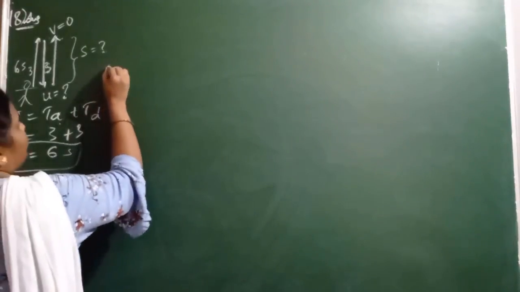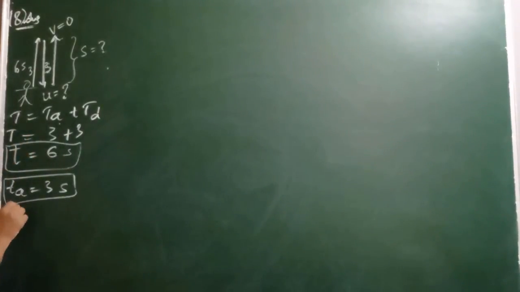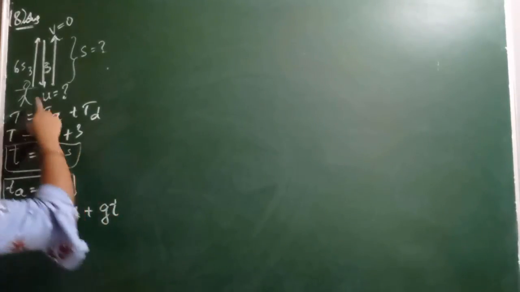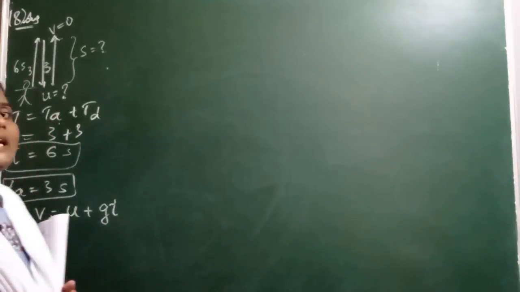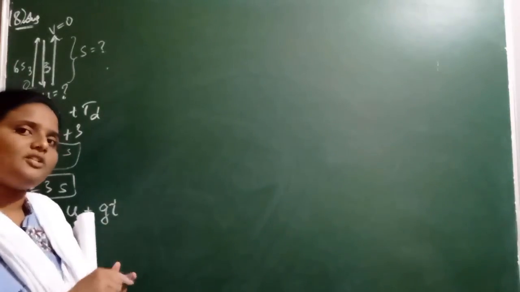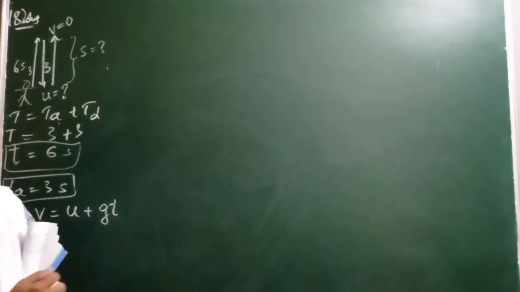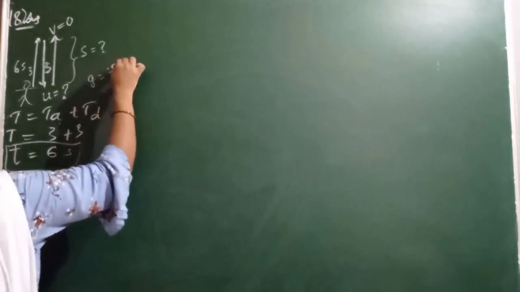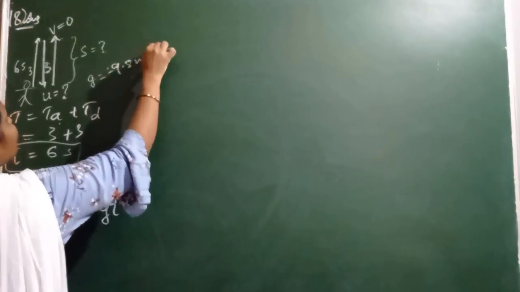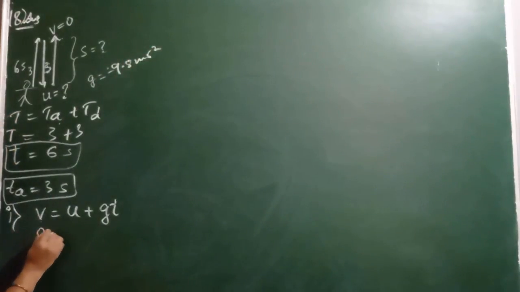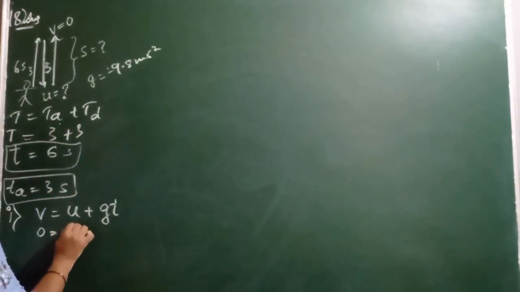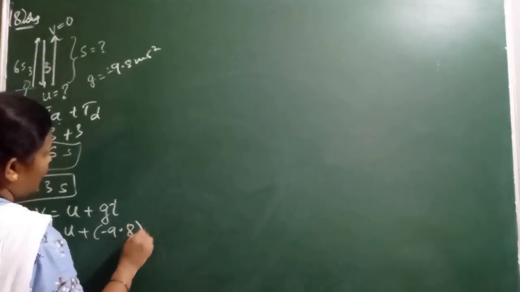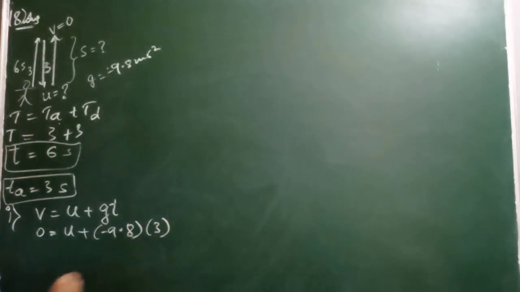First, let us find it here: v equals u plus gt. See children, he is throwing vertically upwards, meaning the ball is moving opposite to the gravitational force. So g becomes minus 9.8 meter per second square. What is the v value? 0, and u we have to calculate: 0 equals u plus minus 9.8 into 3.